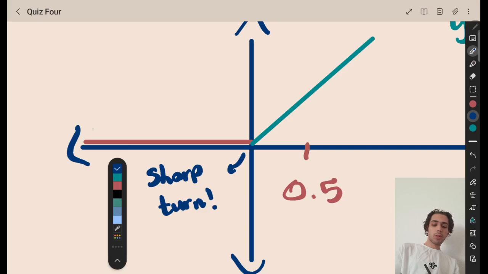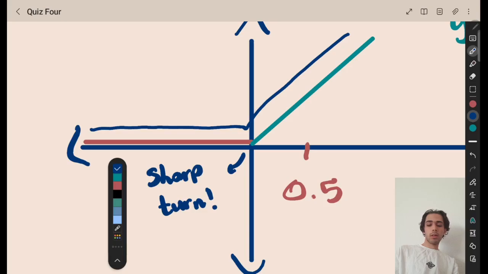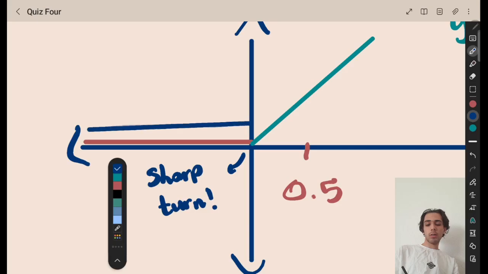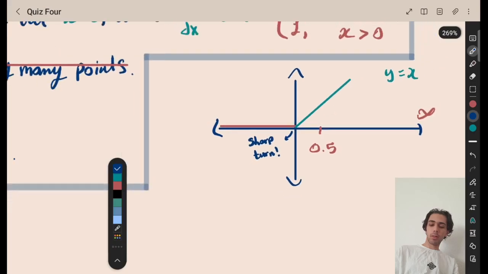So you're going like this, like this, and then it's like that. There's no smoothness, like you go like this, and then one time just change 45 degrees up. So it's a sharp turn, and sharp turns are not differentiable, if you want to do it graphically.